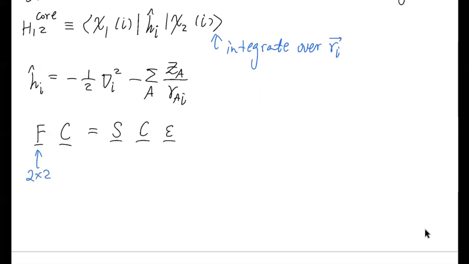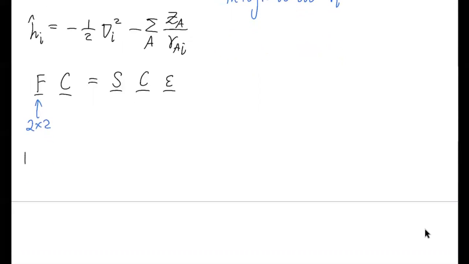Because we only have 2 basis functions, right? And the Fock matrix is the core Hamiltonian matrix plus the effective potential in Hartree-Fock theory, right?